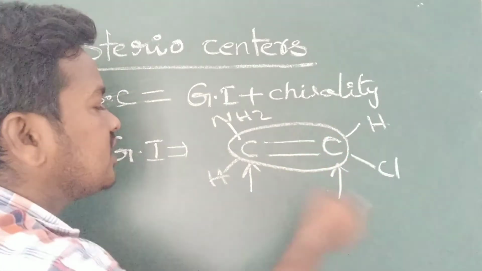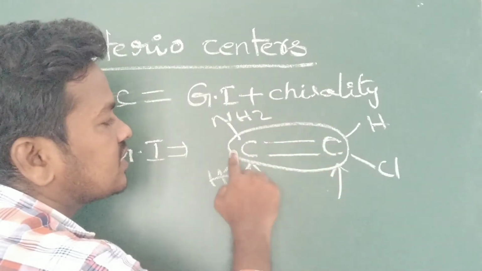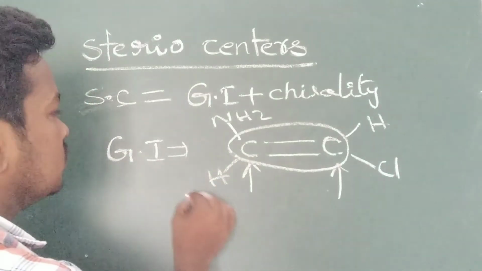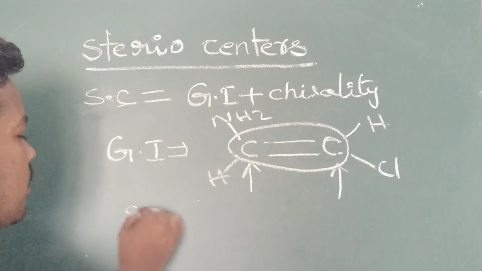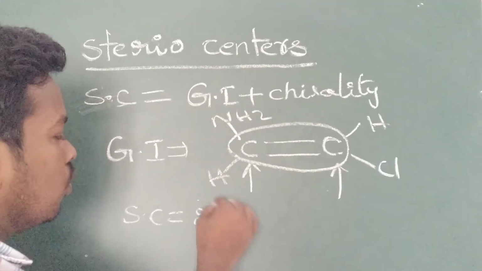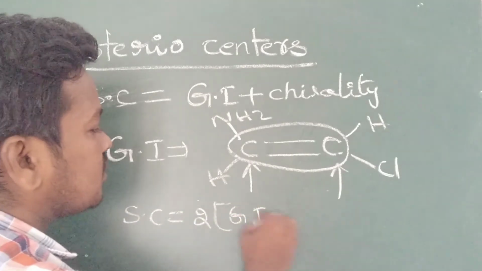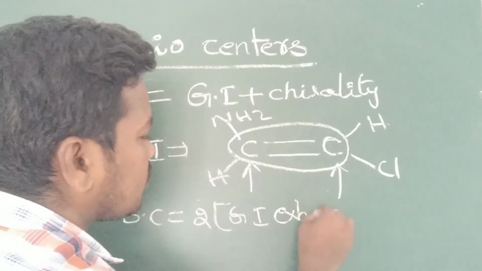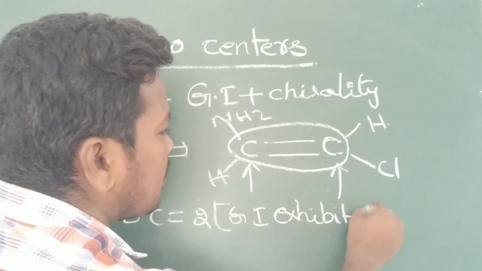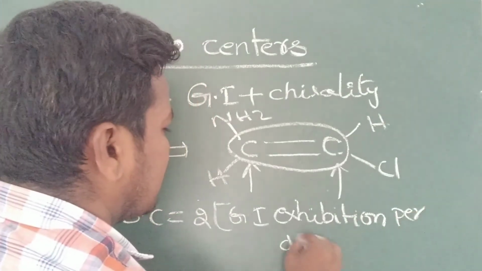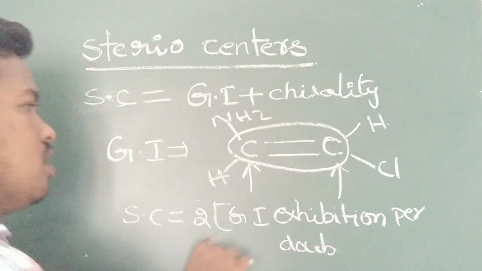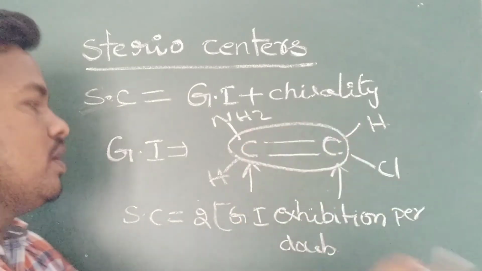In the double bonded system, how many atoms are present here? Two atoms are present. So for geometrical isomerism, now you can write this formula: for one double bond system, two atoms will exhibit GI.